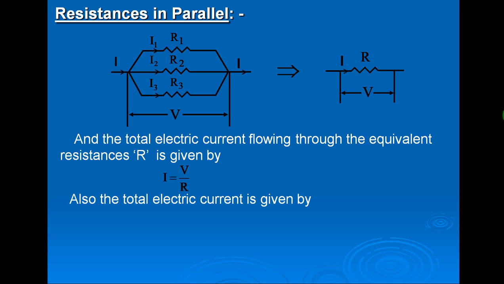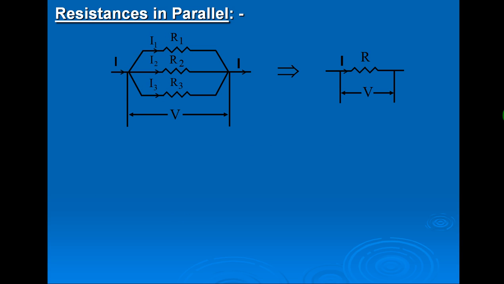Also, the total electric current is given by I is equal to I1 plus I2 plus I3. By putting the values, we get V upon R is equal to V upon R1 plus V upon R2 plus V upon R3.